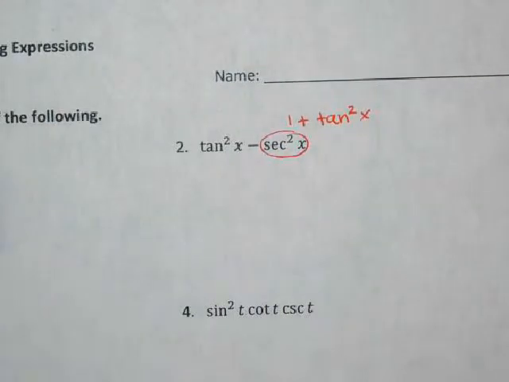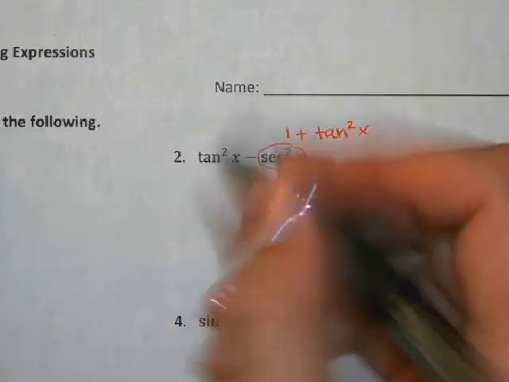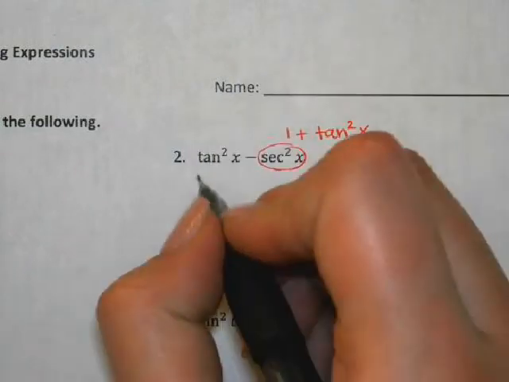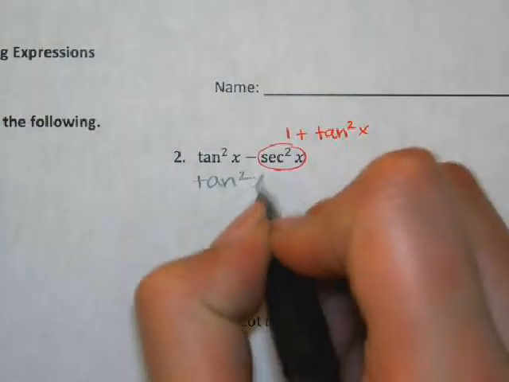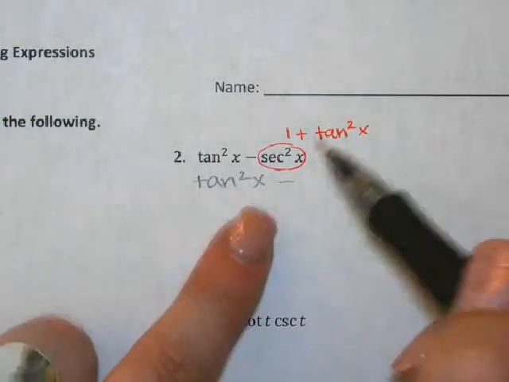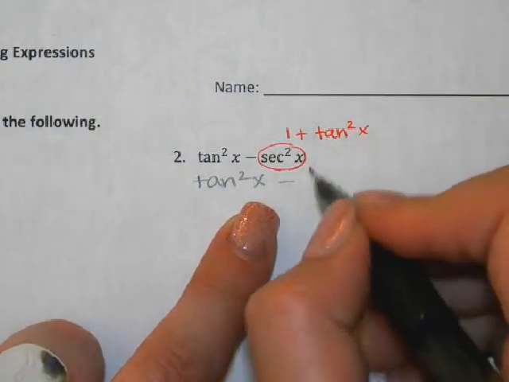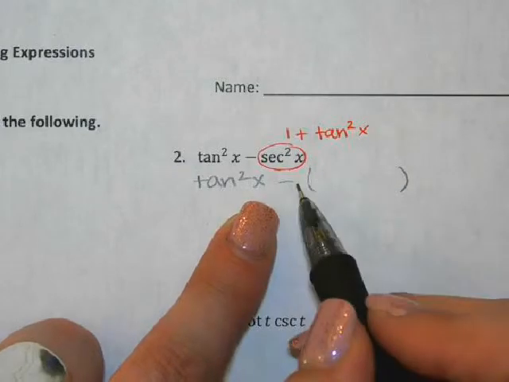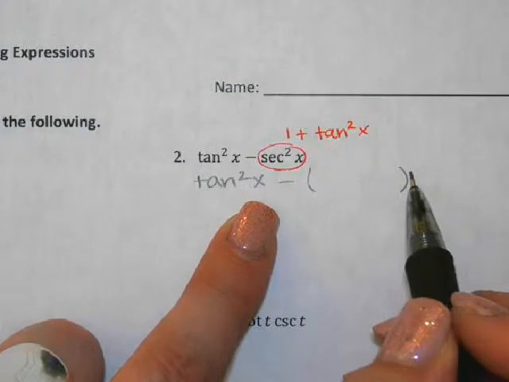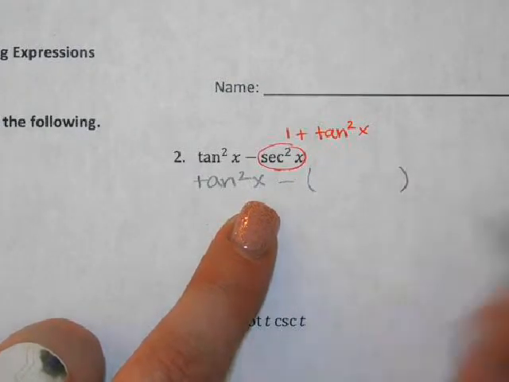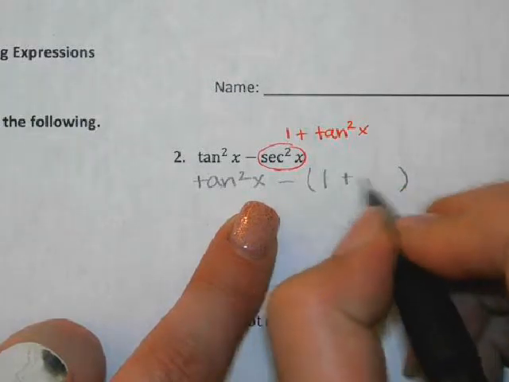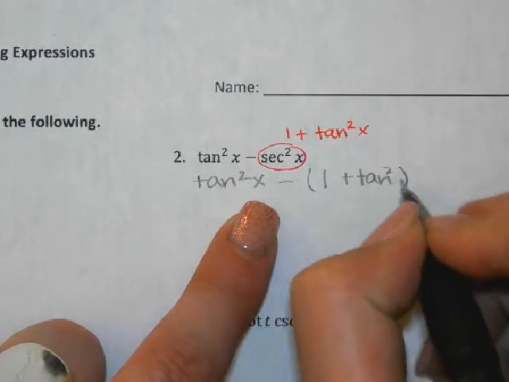I'm going to go ahead and write that out. That means that I have tan squared x minus, and since I'm taking one term and replacing it with 2 terms, I need to put parentheses there to make sure that I subtract both of those terms. So I've got 1 plus tan squared x.